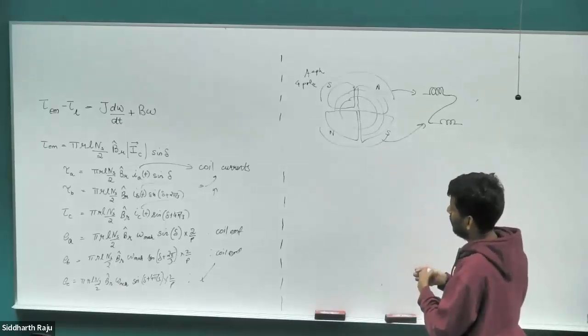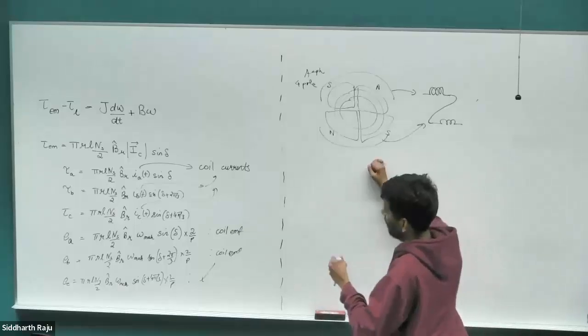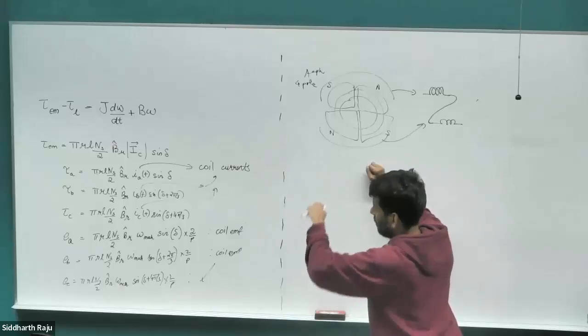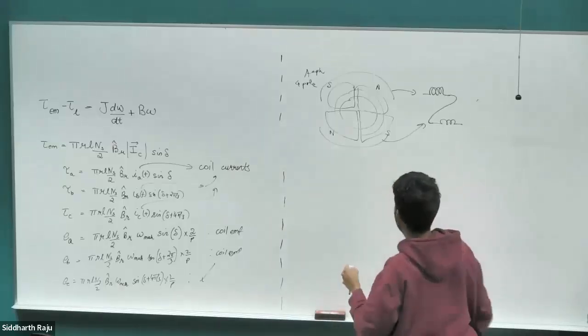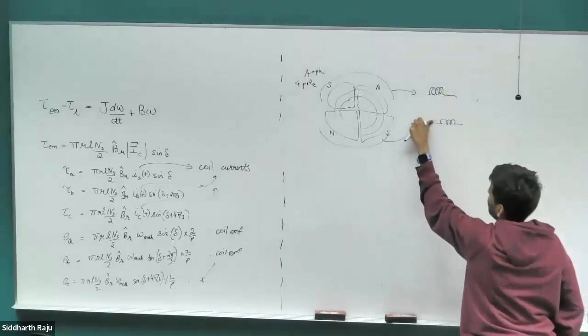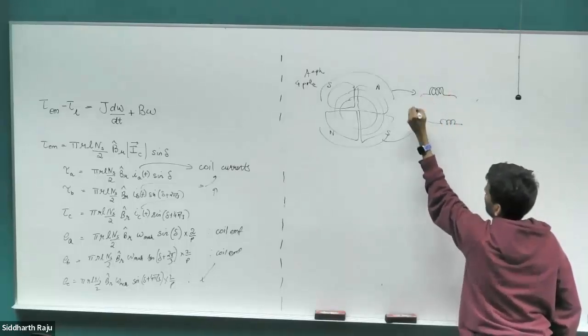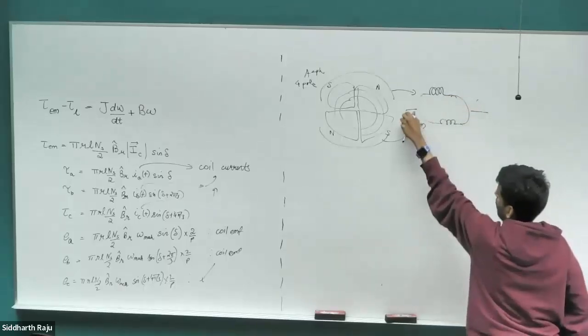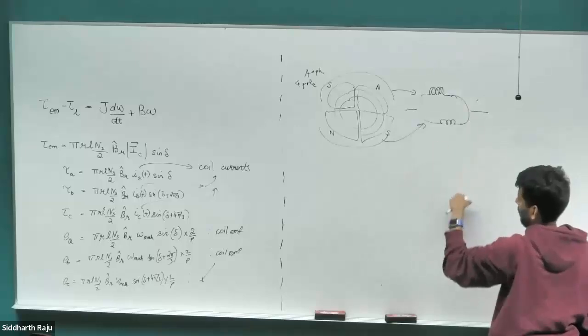Otherwise, you will get uneven flux distribution in the air gap, which would then make your space vector not go as a pure, nice, fixed magnitude. You will get an elliptical shape that the space vector will trace instead of a circle. Right? So either you can connect this in series like this, or you can connect these coils up in parallel and bring the terminal up. So this will be the A terminal, this will be the neutral terminal that gets connected with the other 2 phases.